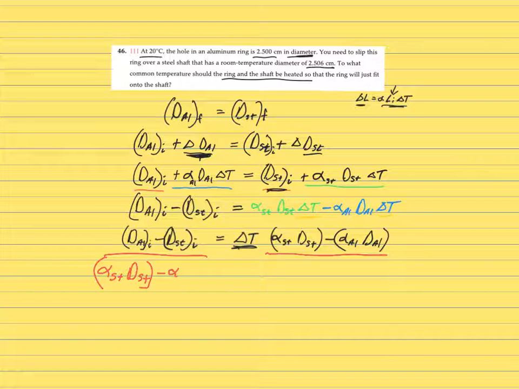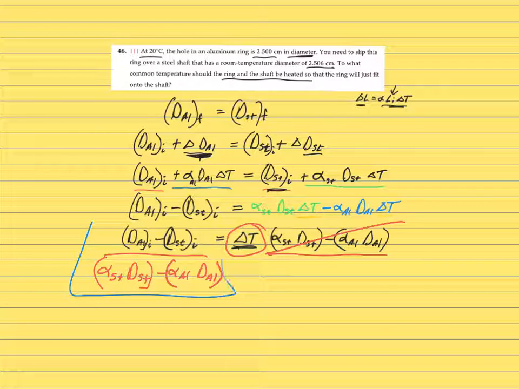It's the coefficient of aluminum, diameter of aluminum. That's gone. I'm left with just that equaling this. And these all I can put numbers in for.